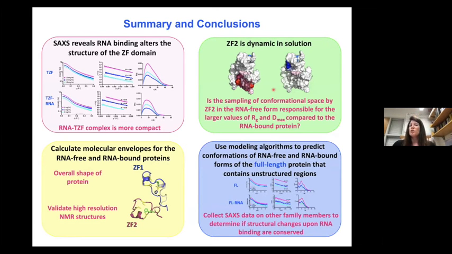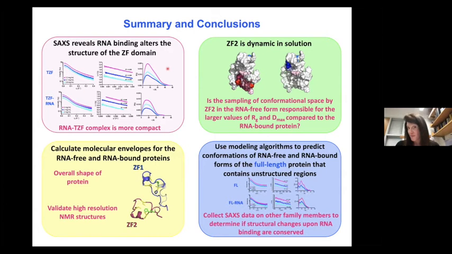And so what we've been able to do using SAXS is to show that, in our case, RNA binding or ligand binding to this RNA binding domain, the tandem zinc finger, takes the structure of the zinc finger domain from a very extended conformation to a more compact conformation.